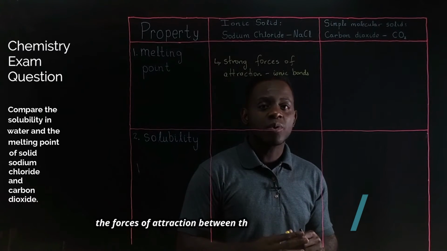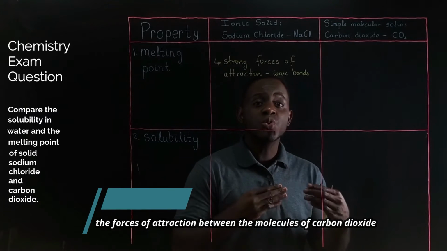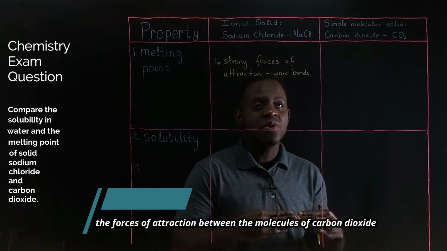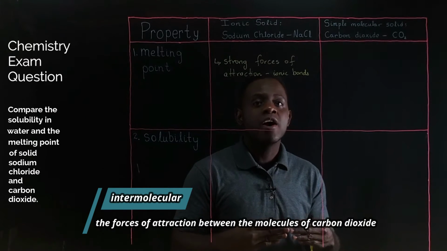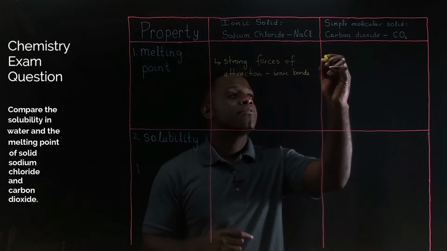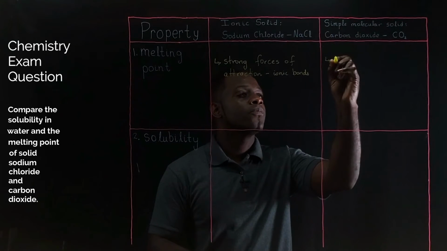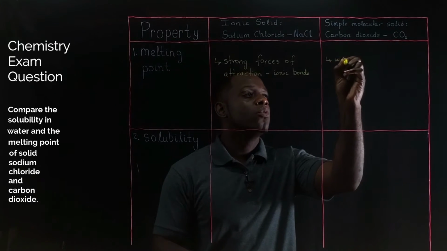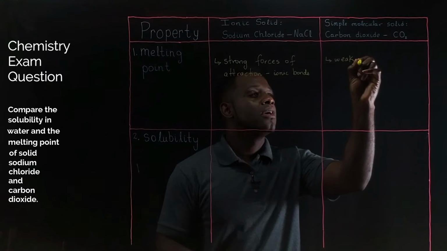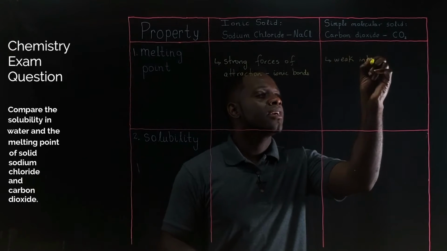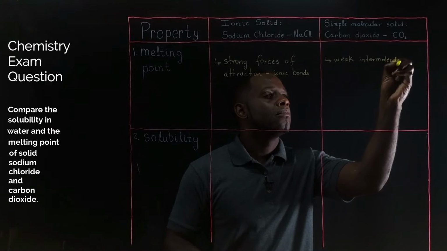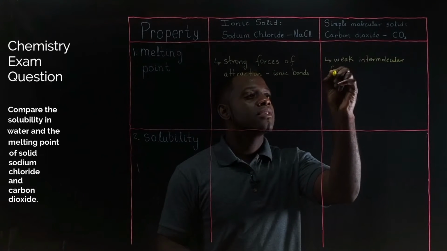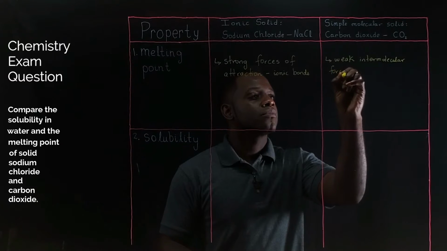However, we are concerned with the forces of attraction between the molecules of carbon dioxide, and those can be referred to as the intermolecular forces of attraction, which are very weak. So we have weak intermolecular forces of attraction.